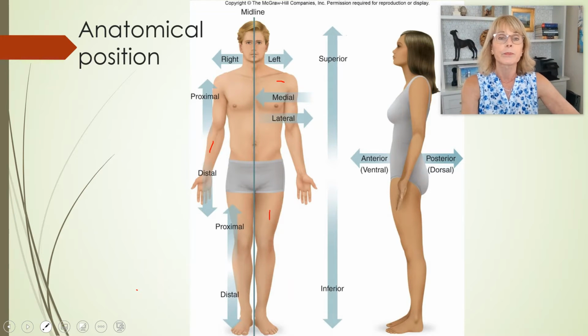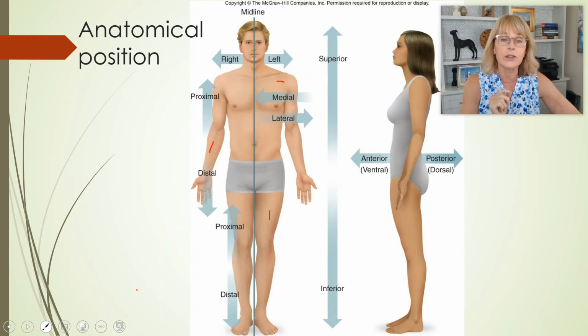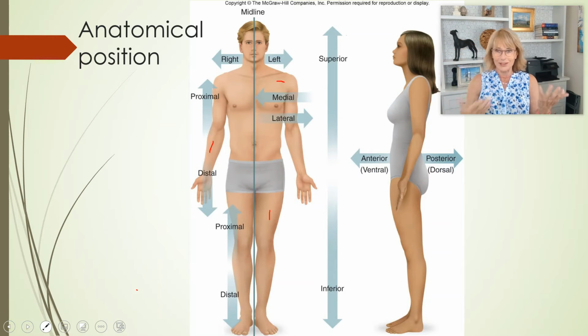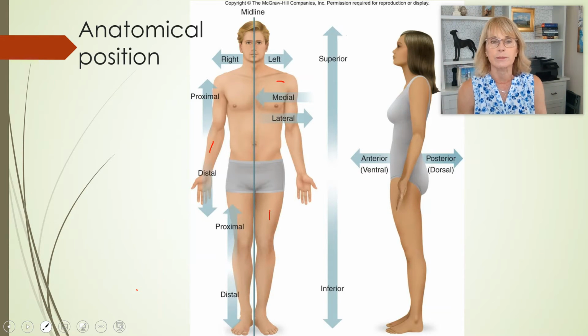By the way, if he is laying down on a hospital bed, this part up here is still considered the top of his head, even though he's laying down. So this now becomes the top, right? All of these terms are as if someone is standing in front of you. That's called the anatomical position.